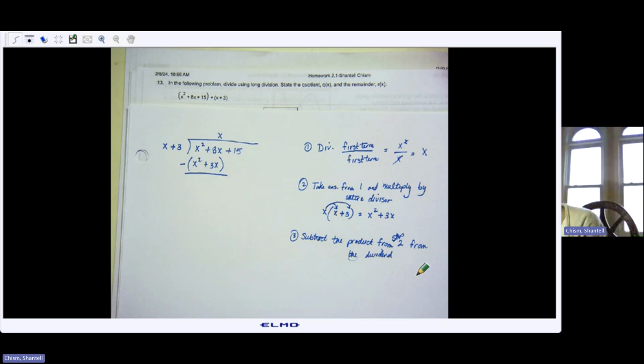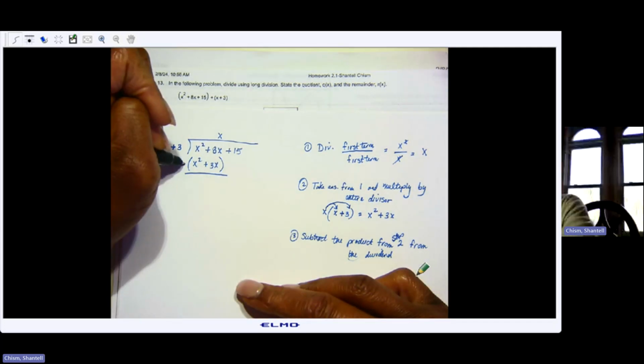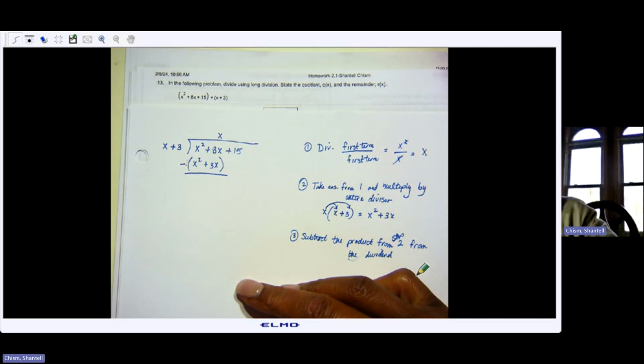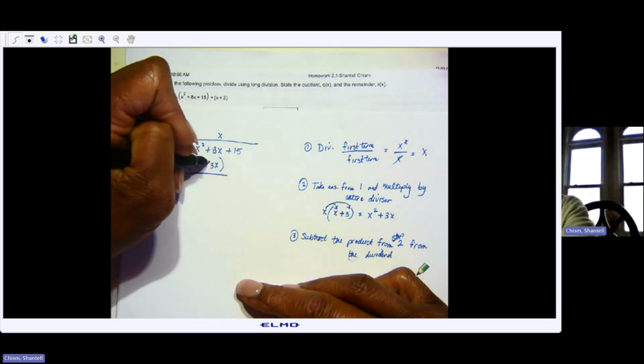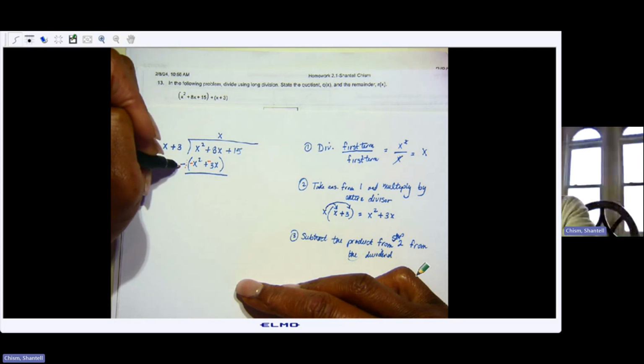Okay? So when I get ready to actually do the subtraction, I'm actually going to be taking that sign through. It's almost like an imaginary -1 there. So I'm taking that sign through. This becomes minus and this becomes minus. It changes the signs.